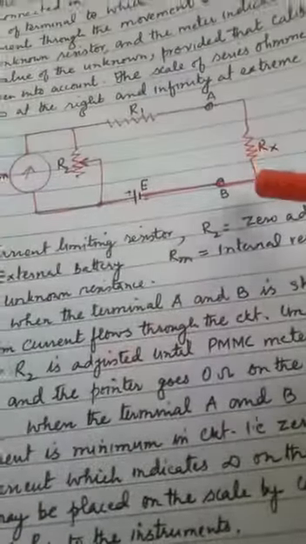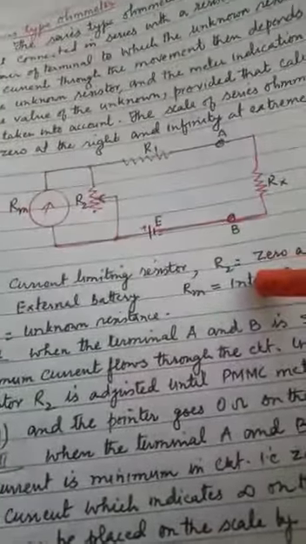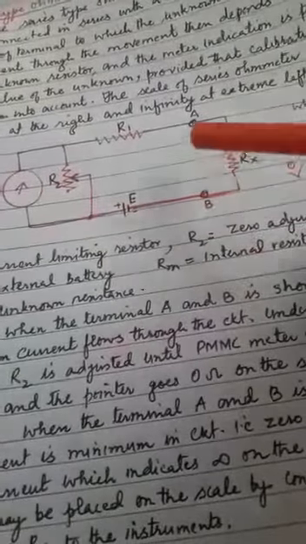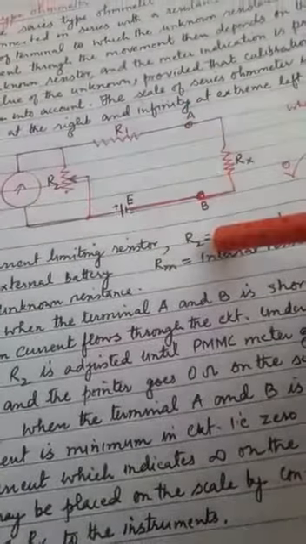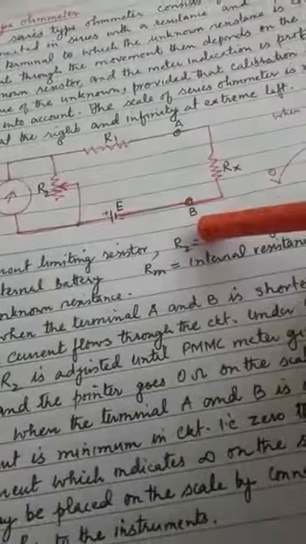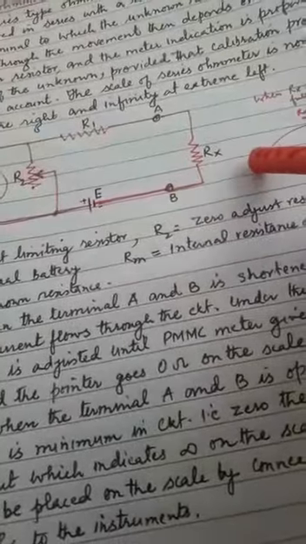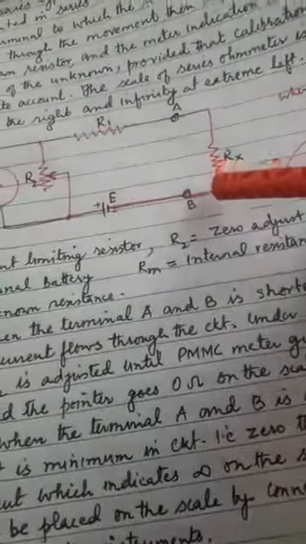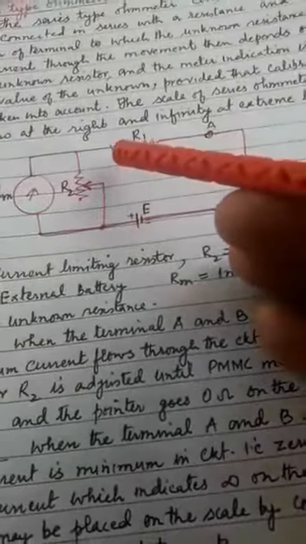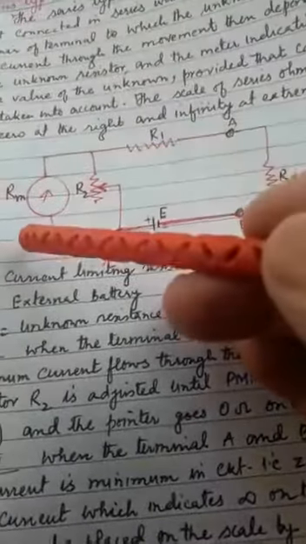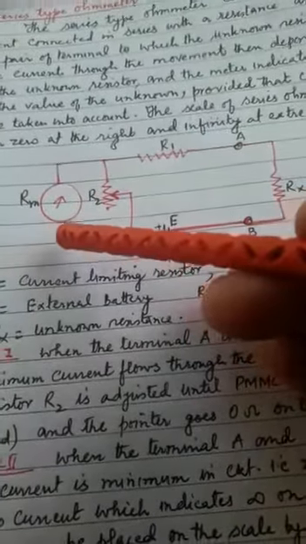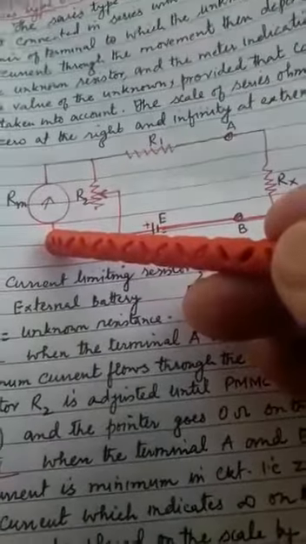In the second case, we are keeping these two points open. When we keep these two points open in this series type ohmmeter, Rx becomes equal to infinity, and only a small current flows through the D'Arsonval meter.